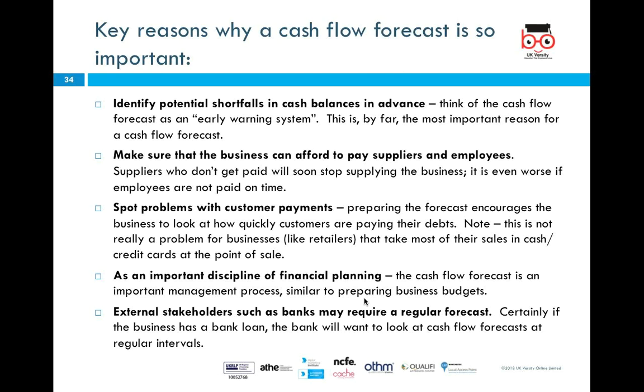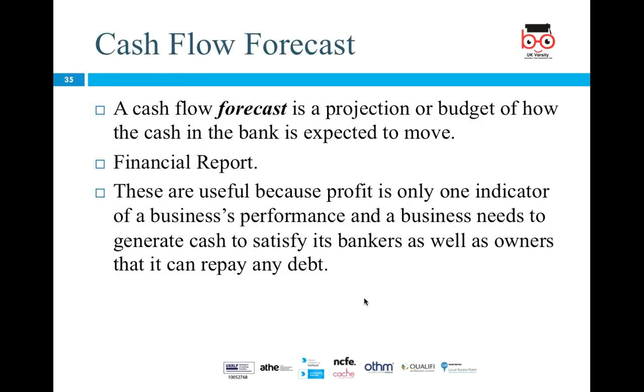So if the business has a bank loan, the bank will want to look at the cash flow forecast at regular intervals. So the company must be updated with the cash flow projection and statement, the running cash flow and the projected cash flow. The running cash flow will show what's happening in the business, and the projected cash flow will spot out the problems with any kind of payments and revenues.